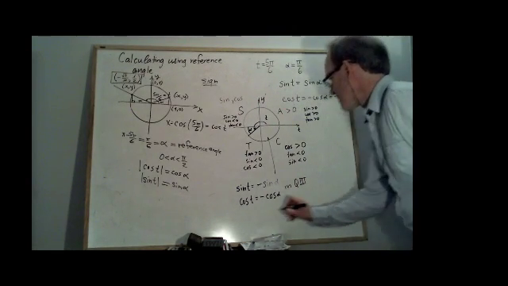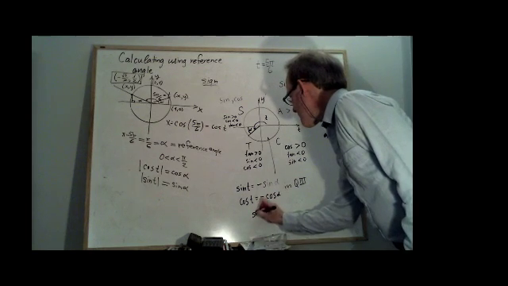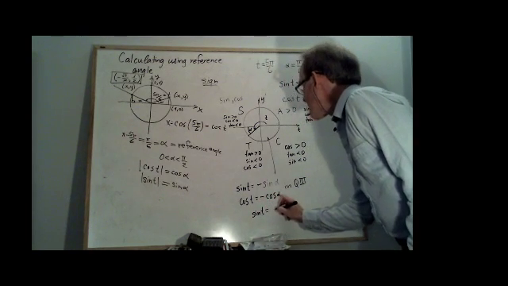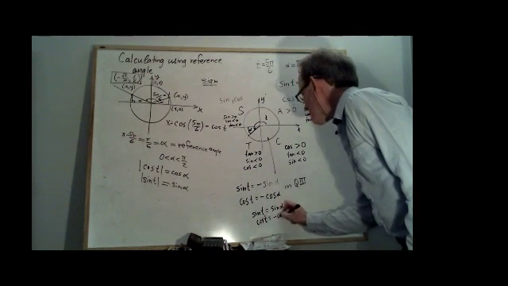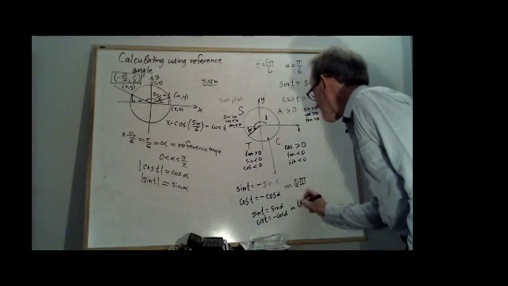Let's write that out. Sine of t is sine of alpha, and the cosine of t is minus cosine of alpha in quadrant 2.